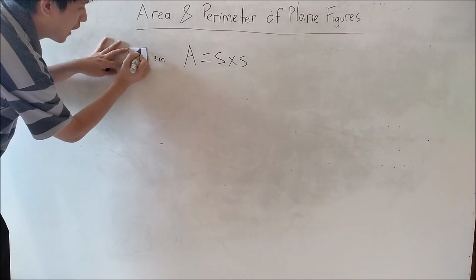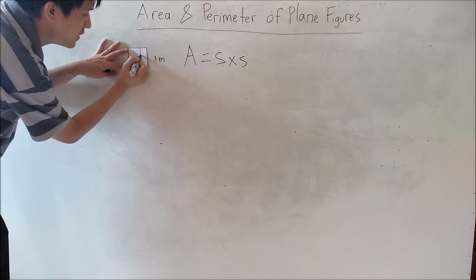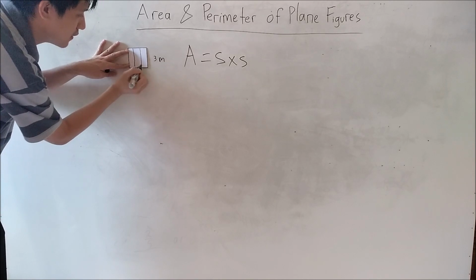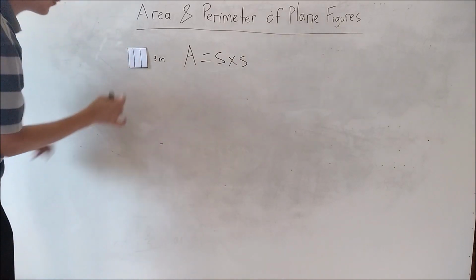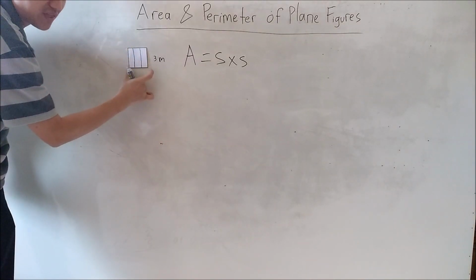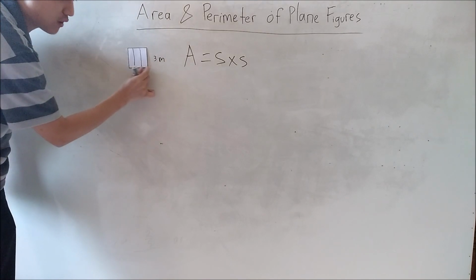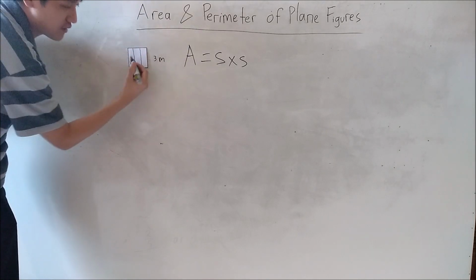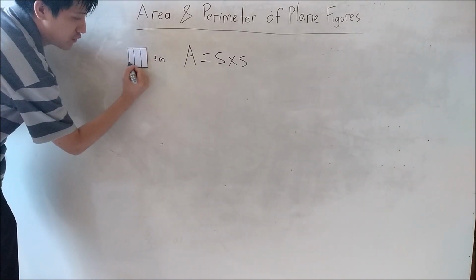This is how it works. Let's say that this square is 3 meters each, right? So I will divide the bottom length into 3: 1 meter, 1 meter, 1 meter. I will do the same with this length, the one going up and down, the vertical length.